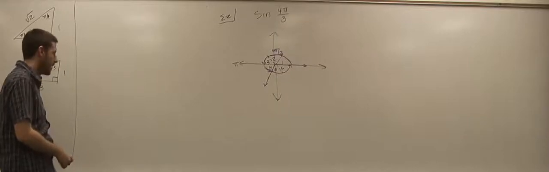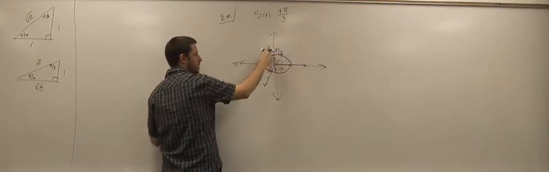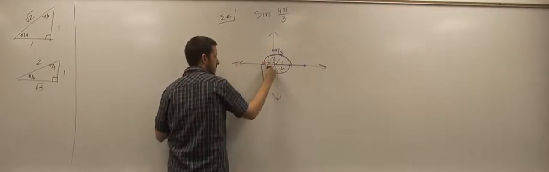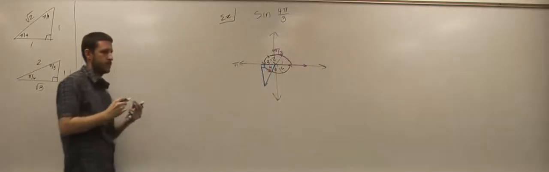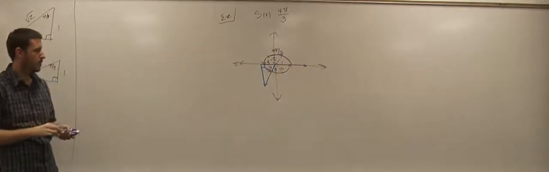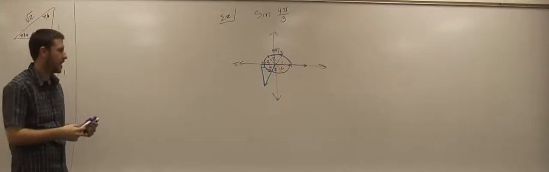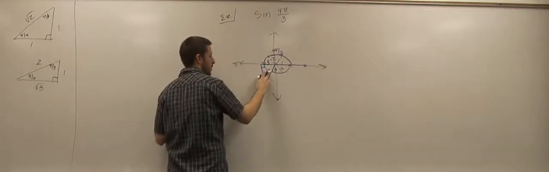So I'll draw my right triangle. Remember the way the definition works, when you have angles that are bigger than 90, you draw a right triangle with the x-axis. And then the question becomes, first of all, what's this reference angle right here?